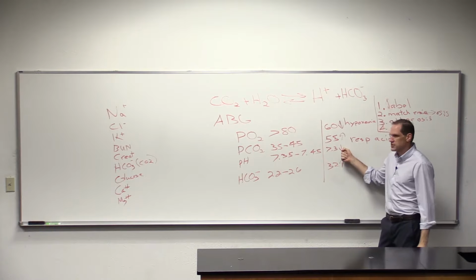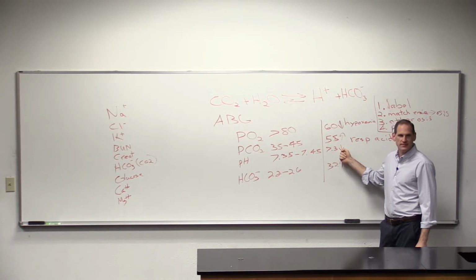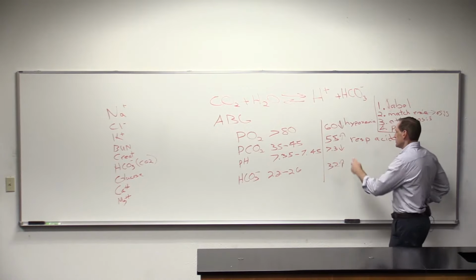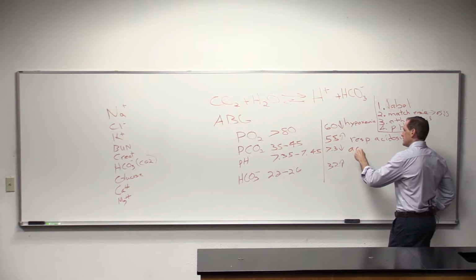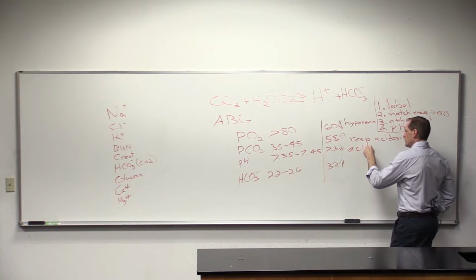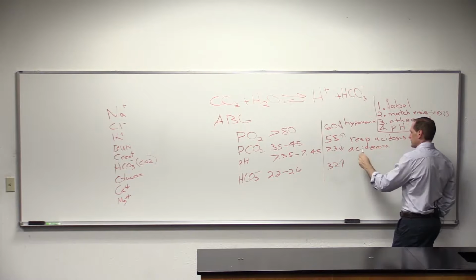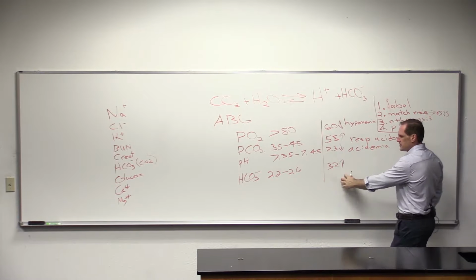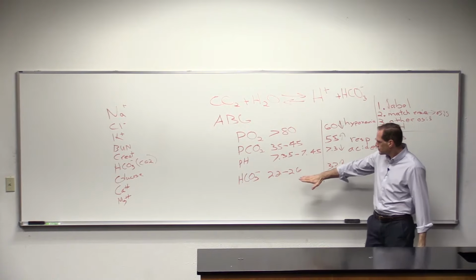Now, what's the pH? Low. That's low. Is that acid or alkalinity? Acid. So acid, now what's the suffix there? Emia. So acidemia.